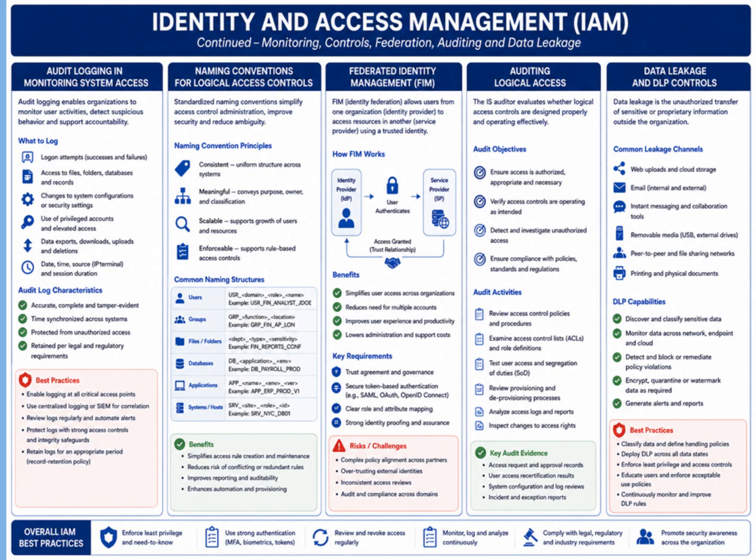Across all these areas, the slide reinforces several important IAM best practices. These include enforcing least privilege, using strong authentication methods such as multi-factor authentication, regularly reviewing access rights, continuously monitoring user activity, complying with legal and regulatory requirements, and promoting security awareness across the organization.